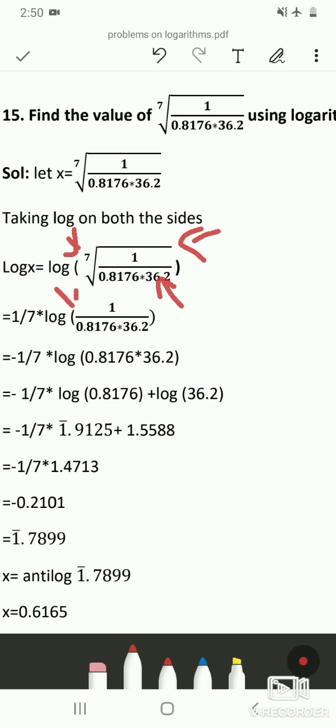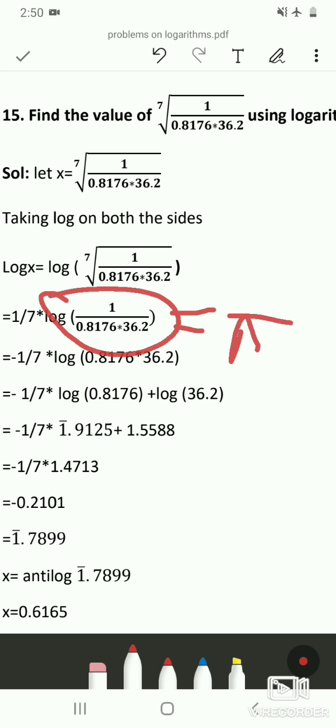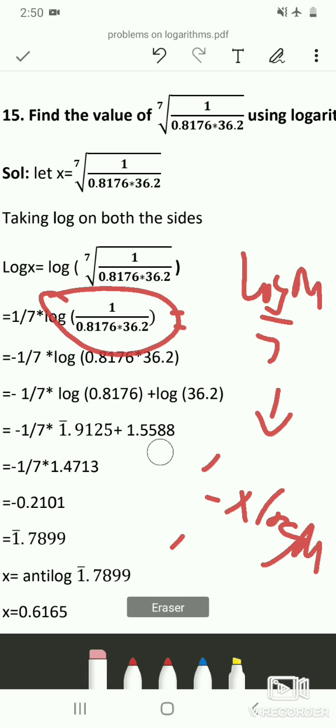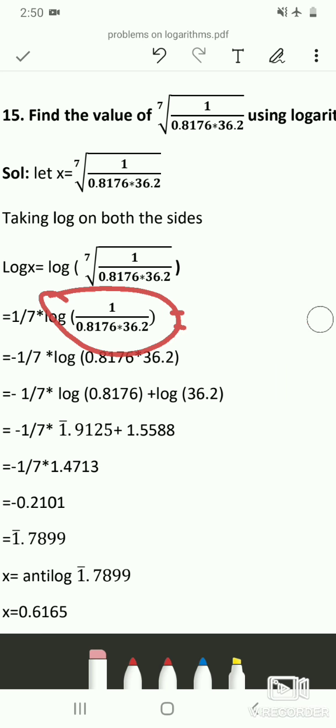So log of m upon 7, so this term you can even write as log of this upon n, that is 7. Log of m upon 7 is also equal to 1 upon 7 into log of m. So you can write it in any way, but writing like this will be convenient.